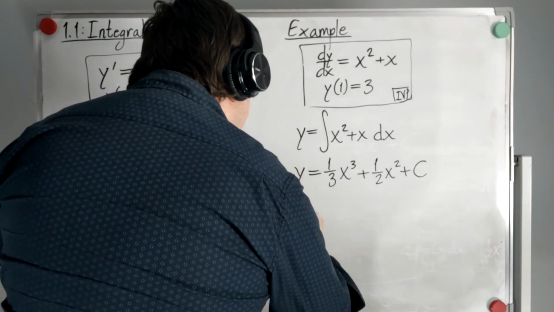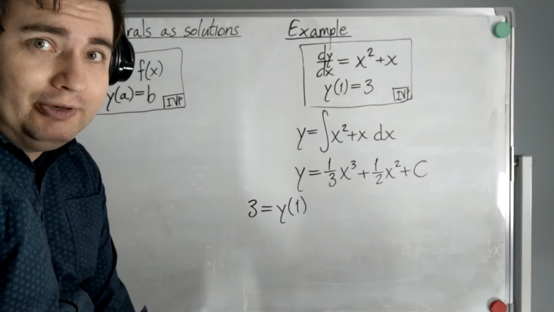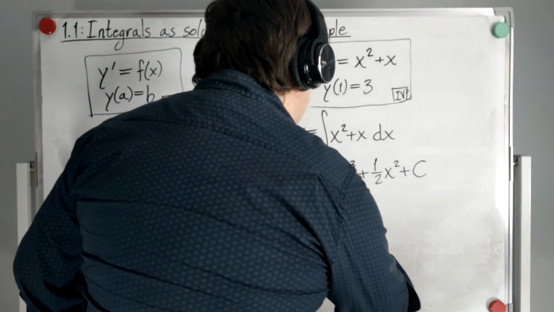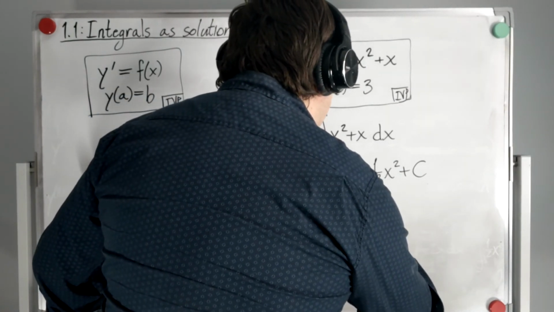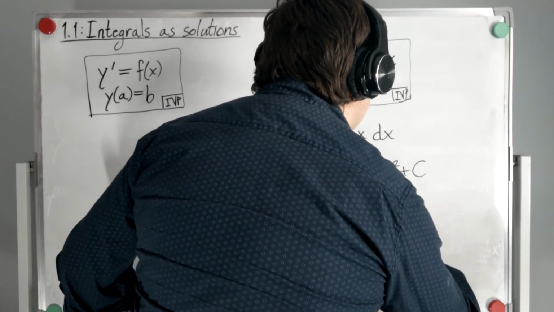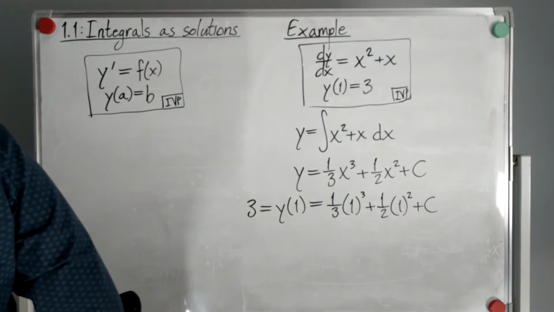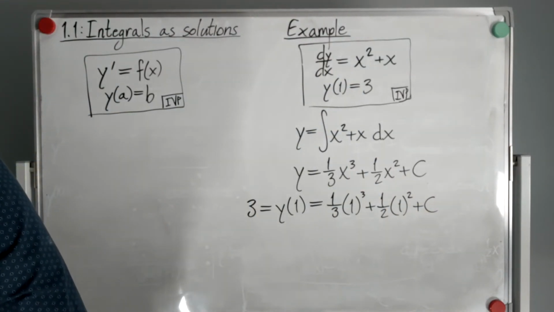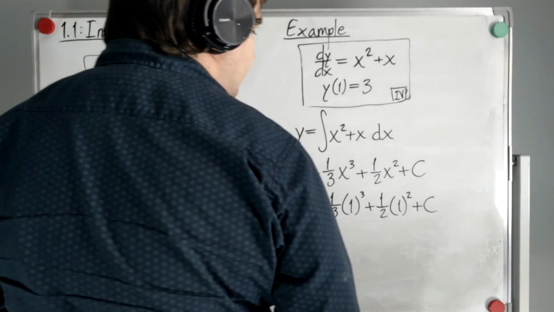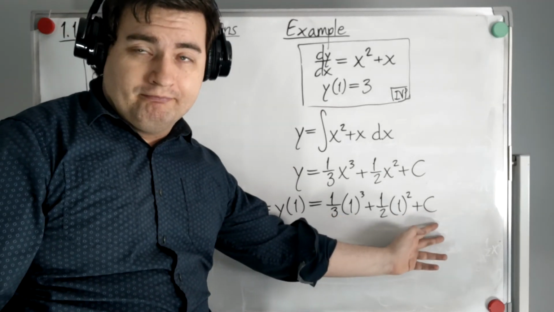3 equals y of 1. I think we can agree that that's just a rephrasing of the problem. And then according to our general solution, that's going to be 1/3 times 1 cubed plus 1/2 times 1 squared plus c. All right, and then we have now an equation that we can solve for c.